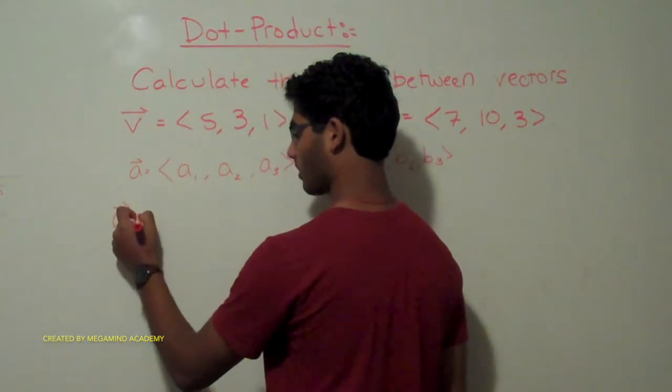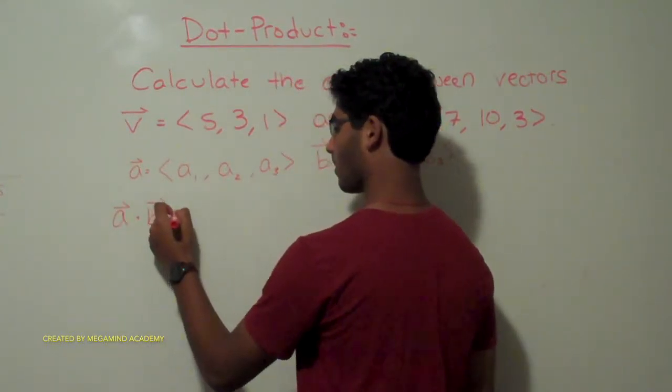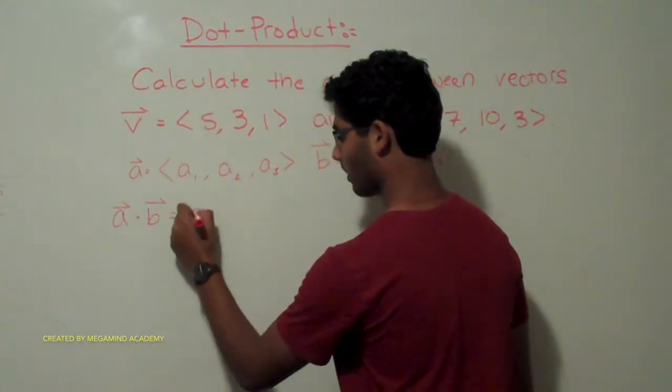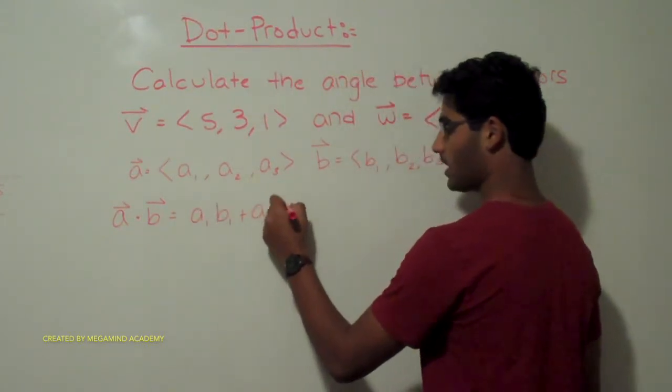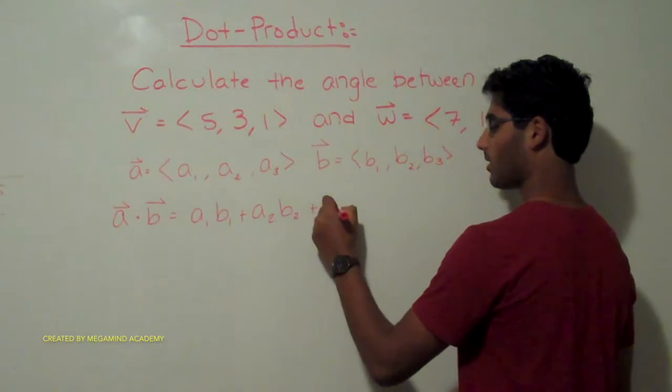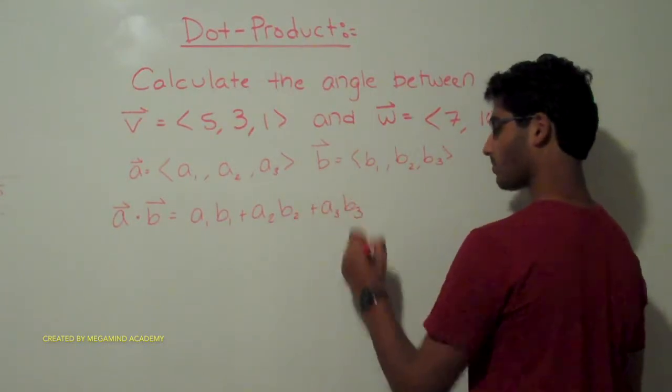The dot product is equal to A1 times B1 plus A2 times B2 plus A3 times B3.